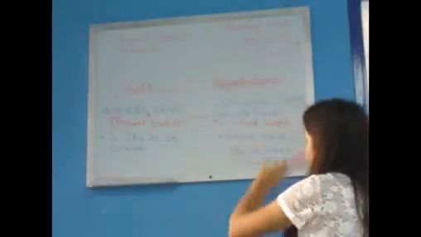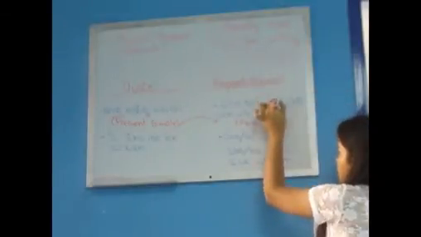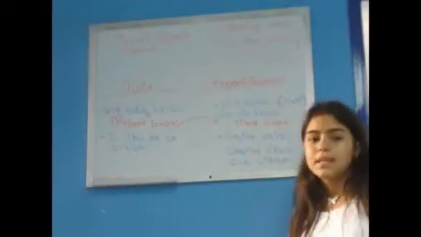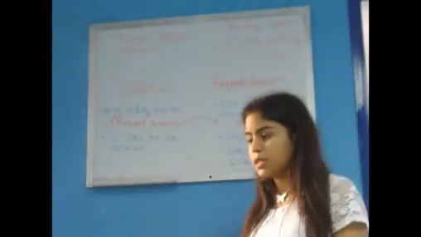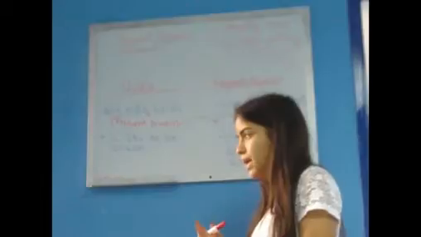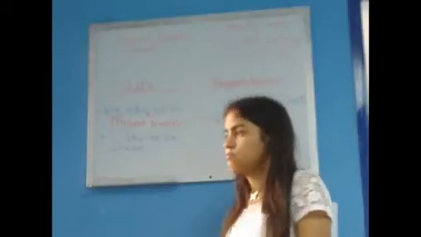She said that she ate lunch. The "that" I put here is optional, it's not something very important. You can put it or not. For example, she said that she ate lunch, or we can say she said she ate lunch.